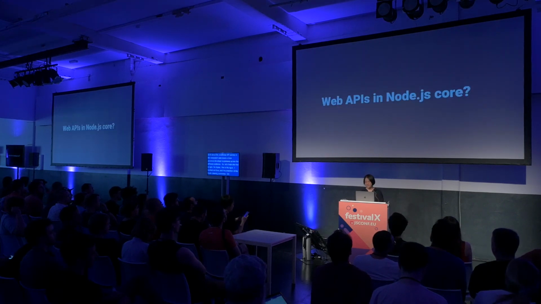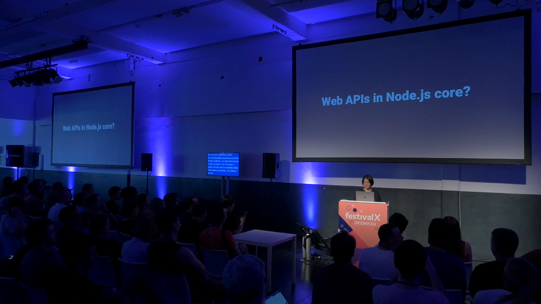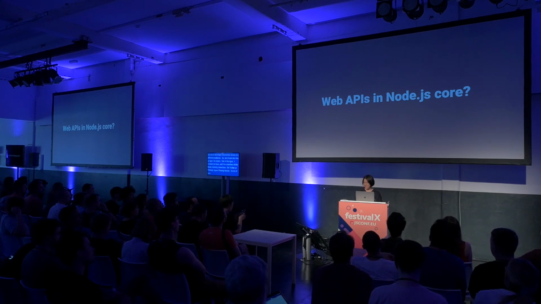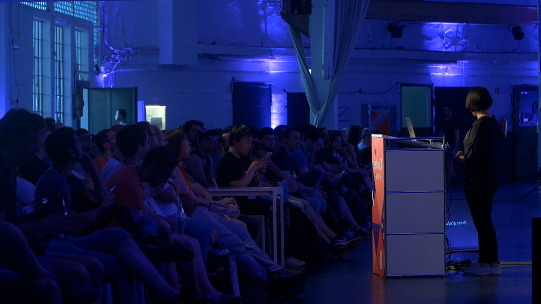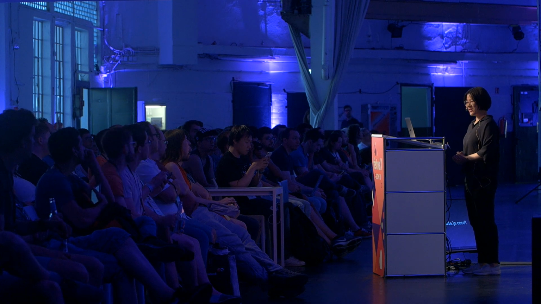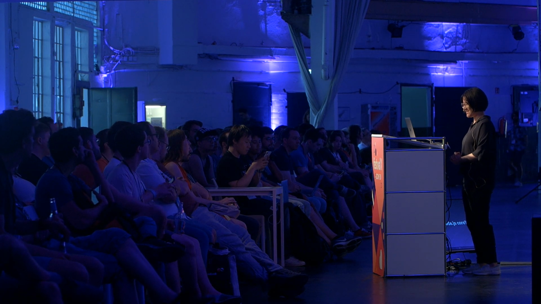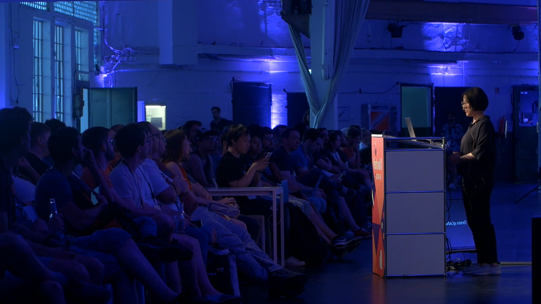So some of you may be aware of this effort of bringing more web APIs into Node Core. But maybe some folks here are just curious because the keywords seem interesting. In case I am using some lingo that only a very few people understand, what does it mean when we talk about bringing web APIs into Node Core?